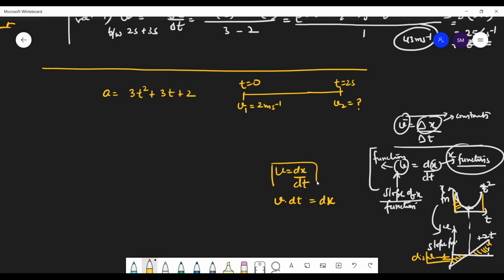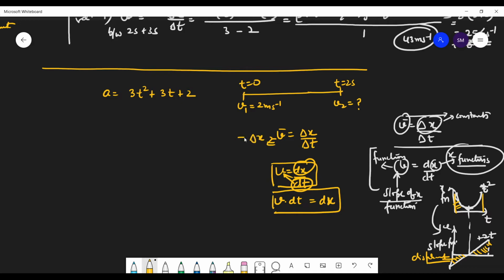Now again, when I will be dealing with only variables, like in this case, I treat them separately, like dx separate, dt separate. Okay. So I've taken this v. Just like your average velocity is equal to change in displacement upon change in time, and what will be your displacement?